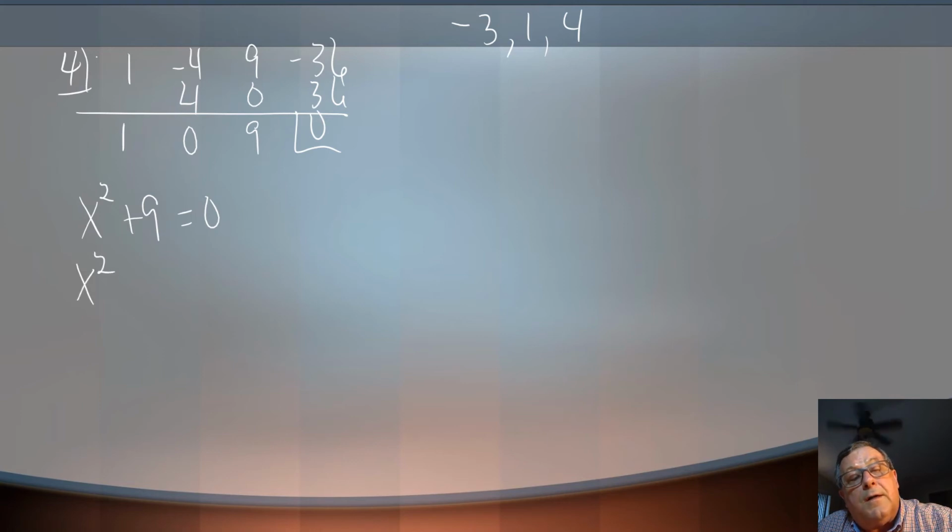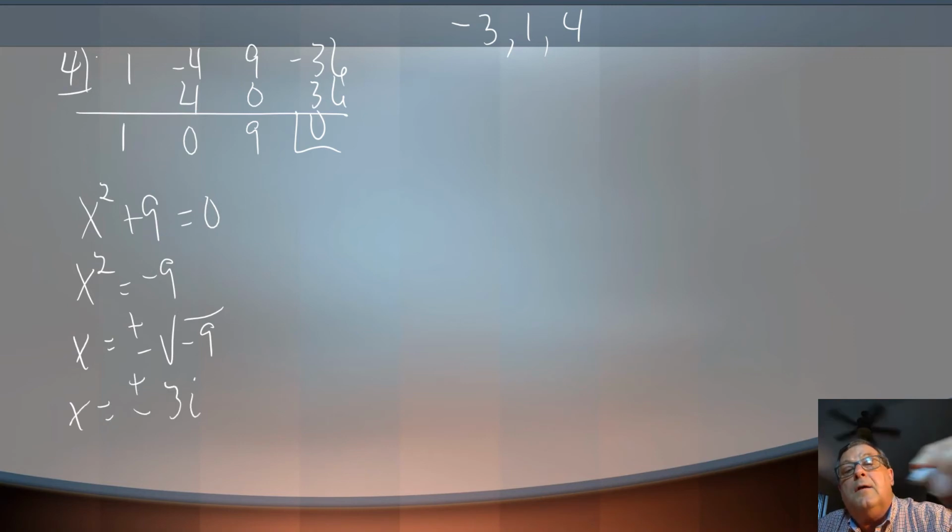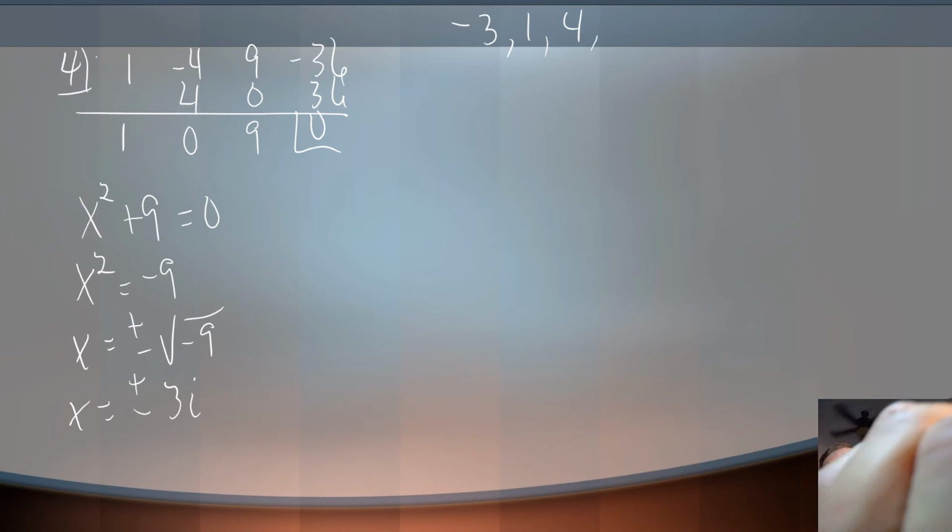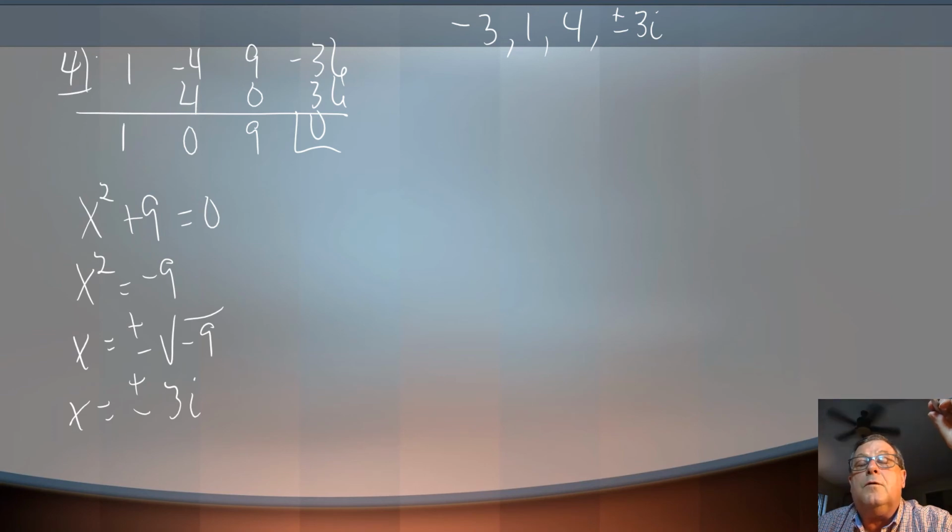So x squared equals -9. Taking the square root of both sides, x is equal to plus or minus the square root of -9. So square root of -1 is i, square root of 9 is 3, and so x is equal to plus or minus 3i. And so there's my other two zeros, which makes 5. 1, 2, 3, 4, 5.